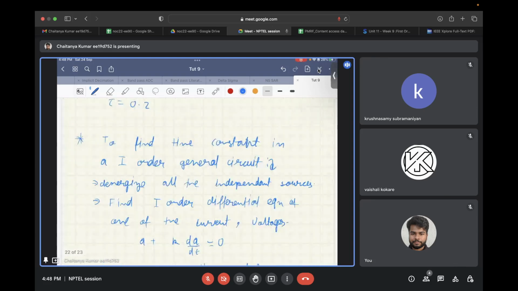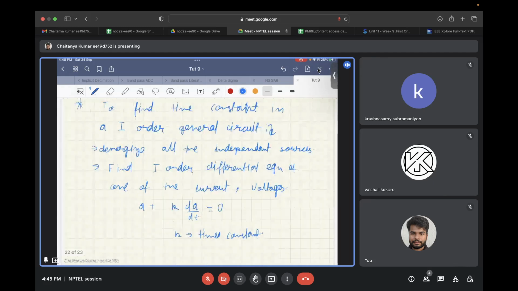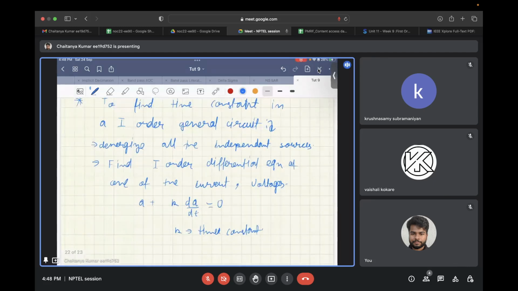So let's say you need to find the differential equation for some quantity A. This A can be either voltage or current, it doesn't matter. You will have A plus K dA by dt is equal to 0, and the K that you get will be your time constant.